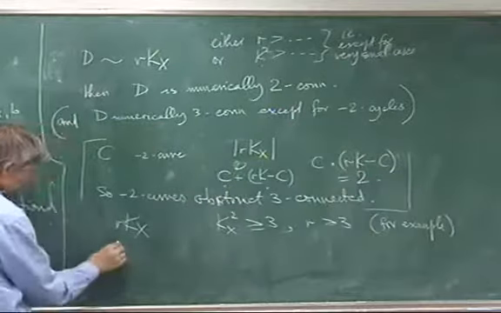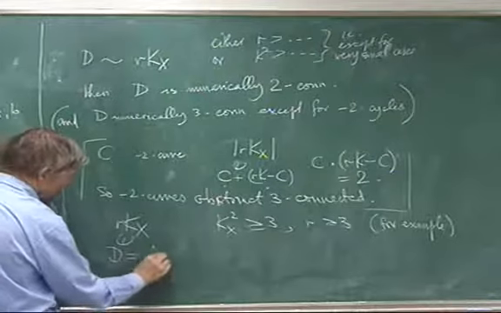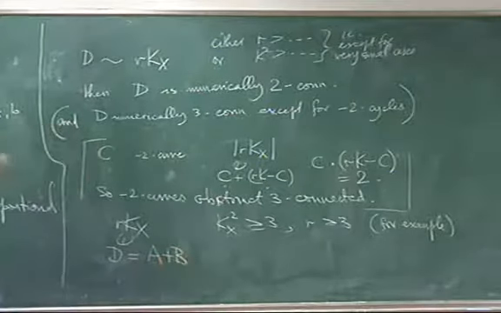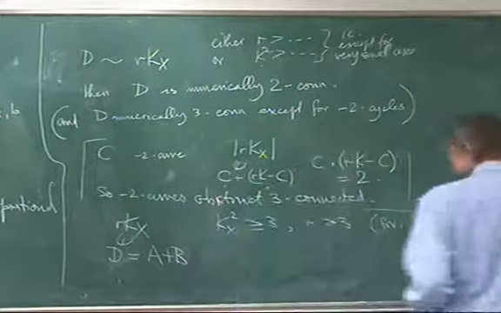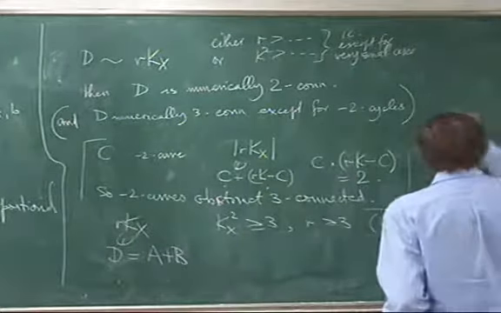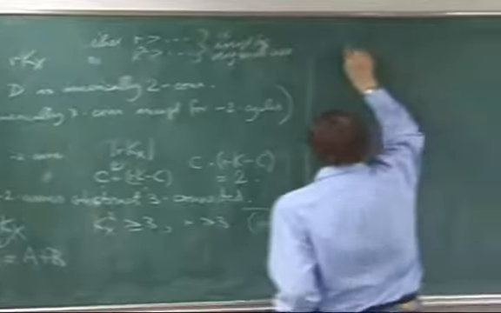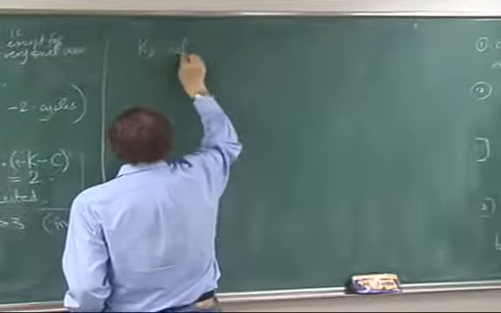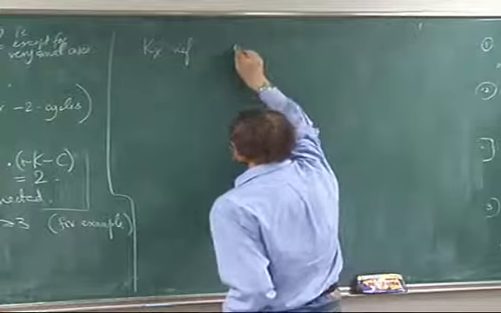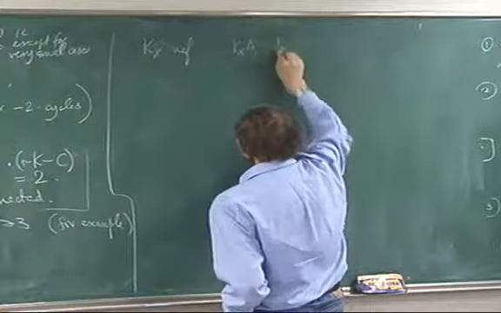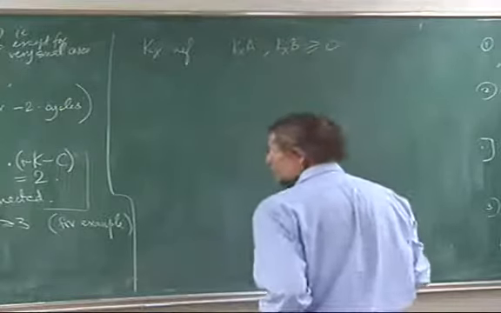Right, and suppose that I take a divisor D in there, and suppose that it can be written A plus B. Then what do we know? So Kx is nef. So this means that Kx times A and Kx times B are both greater than or equal to 0.